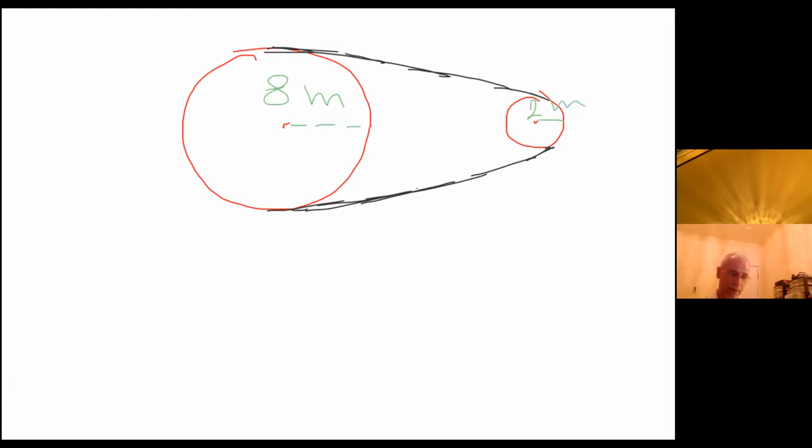We are told that the smaller pulley is caused to rotate at 3 revolutions per minute.